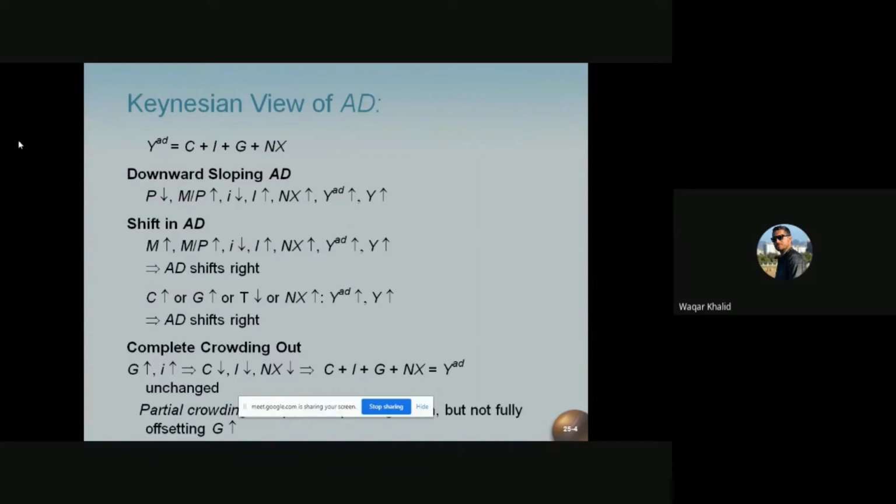For example, a lower price level P leads to a larger quantity of money in real balances. If P decreases, M over P increases and interest rates are lower, so i will decrease. Now, think about this point. If P decreases, M over P increases, which will lead to a lower interest rate.